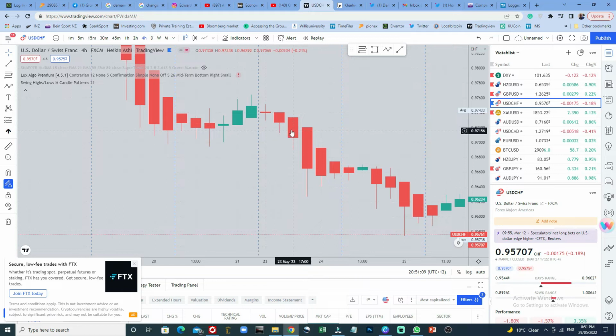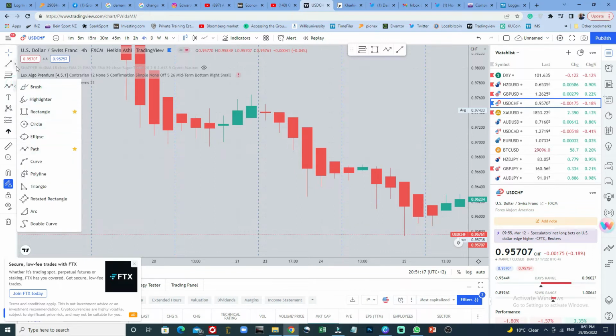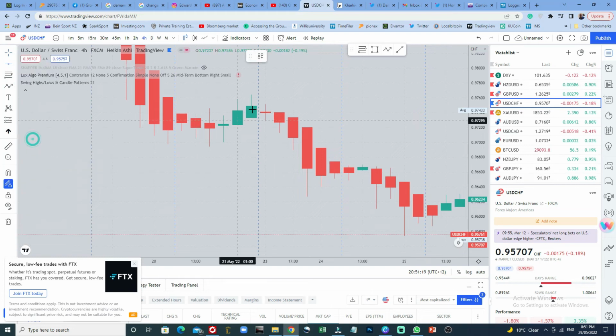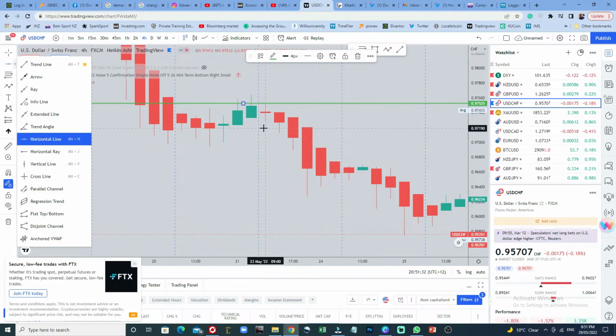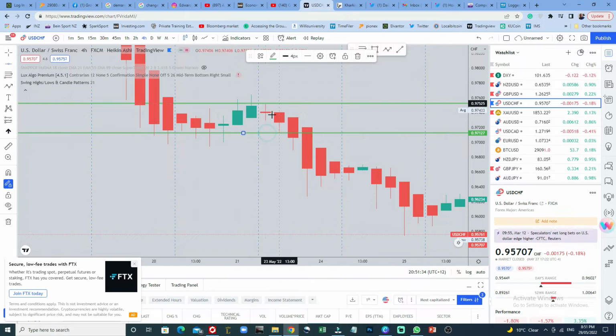You want to know the high and the low of the week, so what we'll do is draw a line on the high and low of these two 4 hours candlesticks. You draw a line on top of it, then you draw another on the low, for the first two candlesticks.